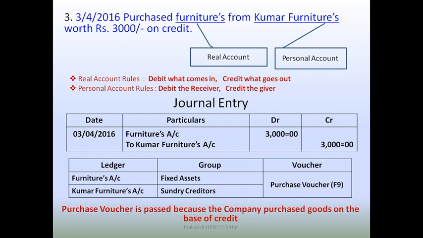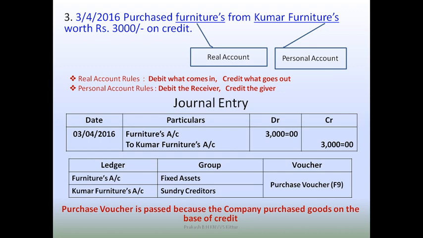Hence the account heads are the furnitures and Kumar Furnitures. Kumar Furnitures is the sundry creditor, the supplier who supplies the goods on credit.